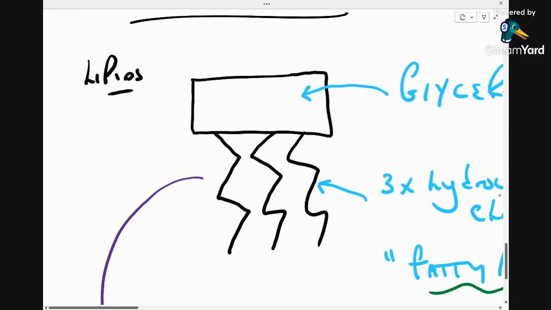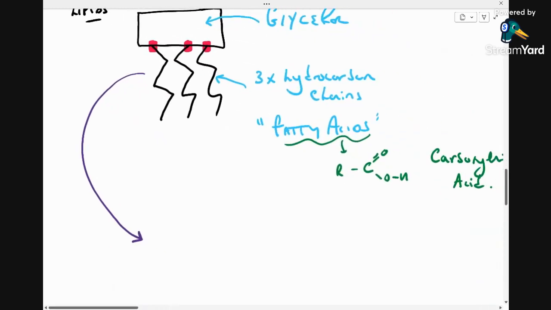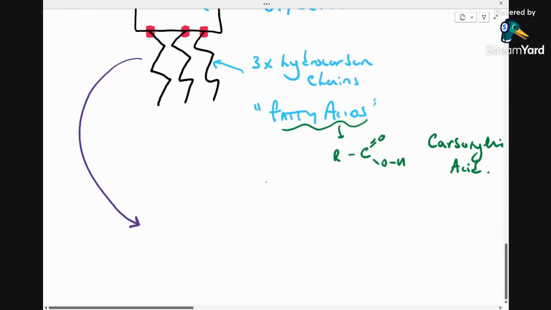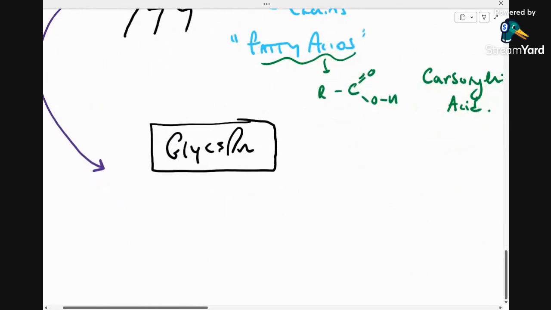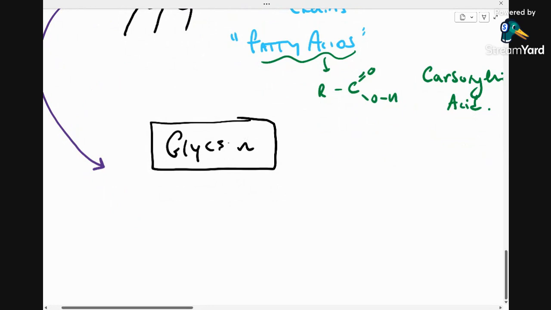And they get hydrolyzed here. And what that liberates is, of course, your box structure here, which is glycerol, and your three fatty acids.